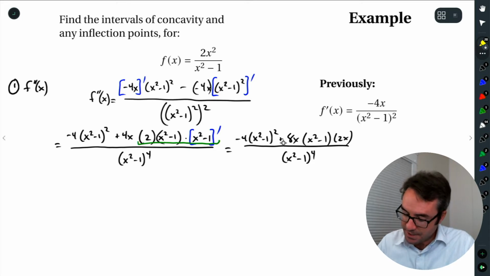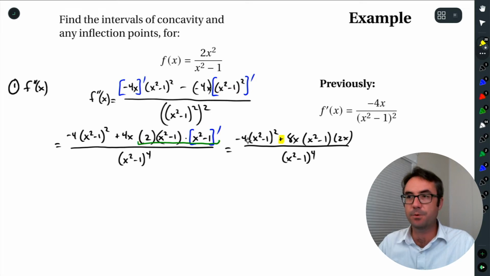And they're separated by this plus sign here. So we have the first part of our numerator, and then this entire big second part. And when we look at this, there's an x squared minus 1 right here. There's actually two of them. And then there's an x squared minus 1 over here, just one copy of that.